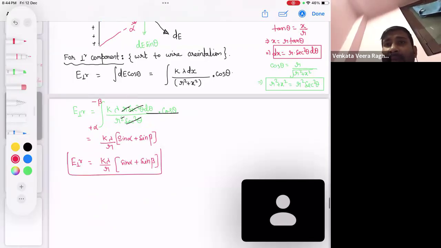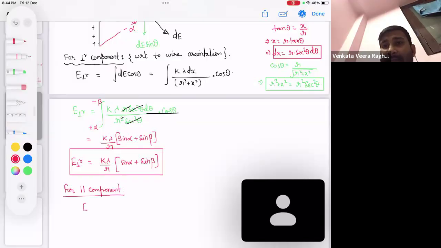And what will be the parallel component? Now can we write it directly? The parallel component will come as k lambda by r times cos alpha minus cos beta, or cos beta minus cos alpha, anything you can write.